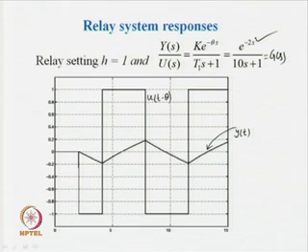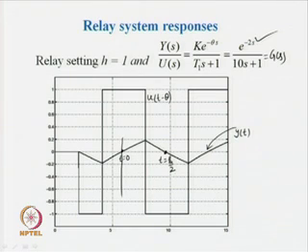We shall concentrate on one period, rather half period of the output signal, which starts from time t = 0 to time t = Pu/2, where Pu is the period of the oscillatory output.